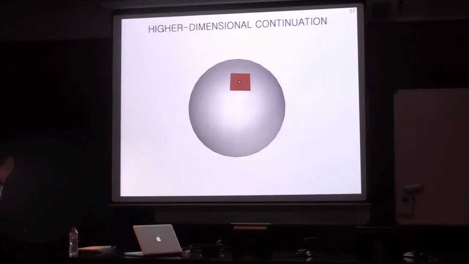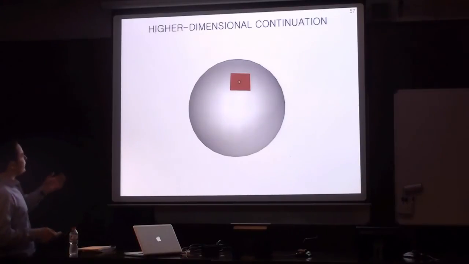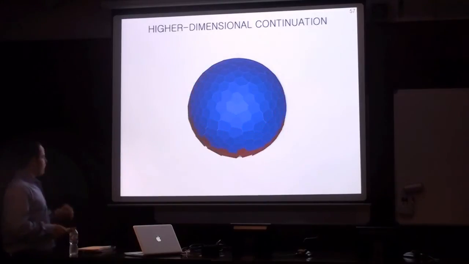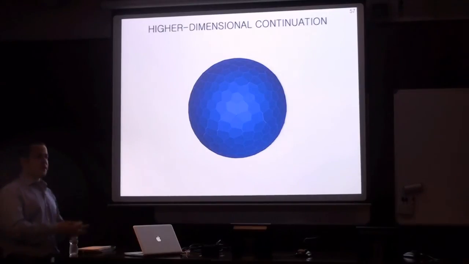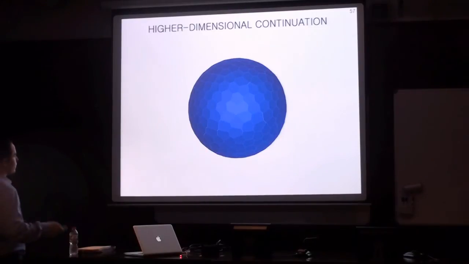A higher dimensional continuation method is able to obtain the atlas of a manifold by iteratively expanding the charts from an initial configuration. So at the end, we obtain a collection of charts that provide altogether a parametrization of the underlying manifold. So let's see how this expansion works.